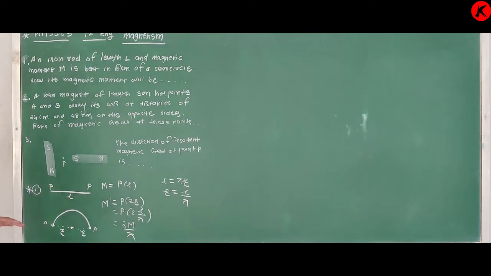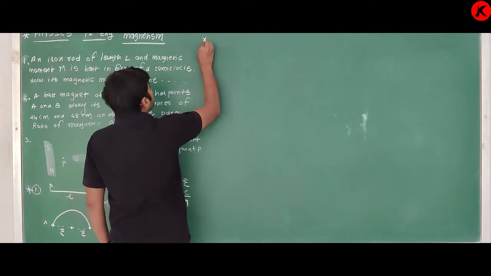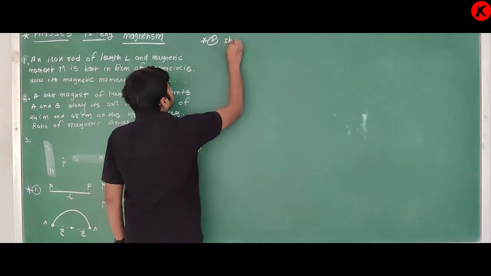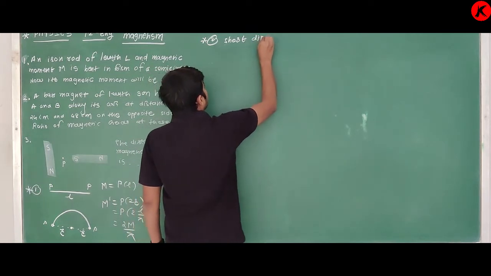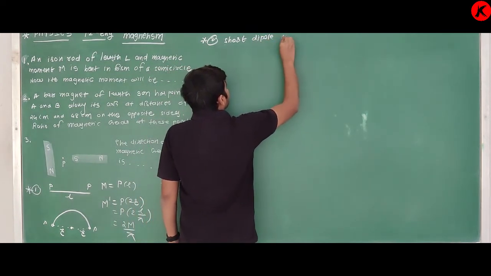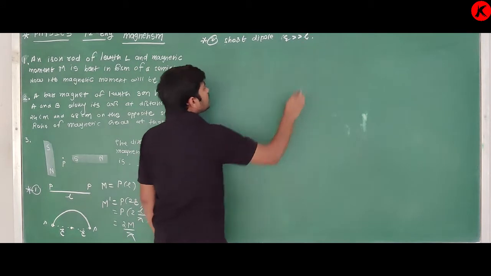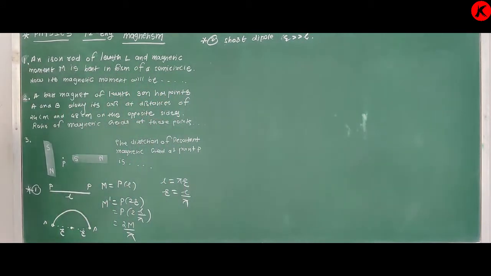See here, 24 cm and 48 cm are the given distances. This distance is greater than its length. We can say 3 is small in comparison to 24 and 48. So we can say it is a short magnet, a short dipole, or you can say r is very much greater than L. So in such a case, what to do?